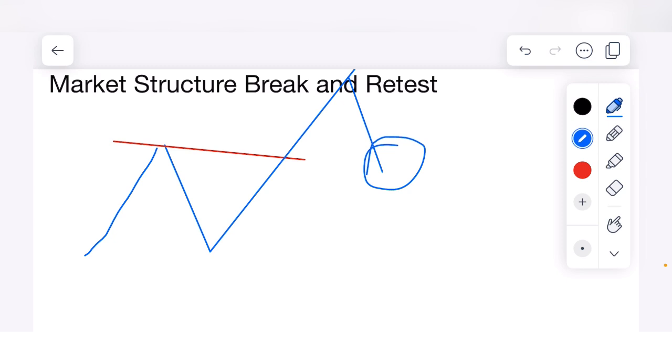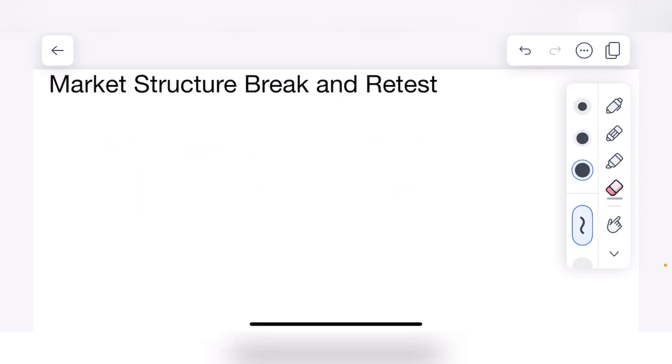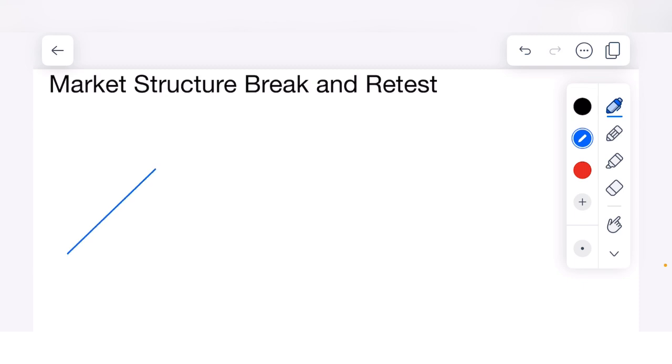Don't let this make it complicated for you. Let's take it again. Suppose we are in a bullish trend, right? What I'll do is wait for the market to break the highest point of the trend.